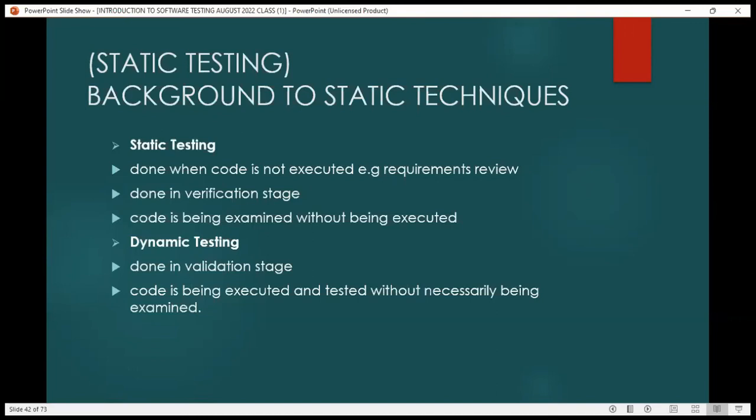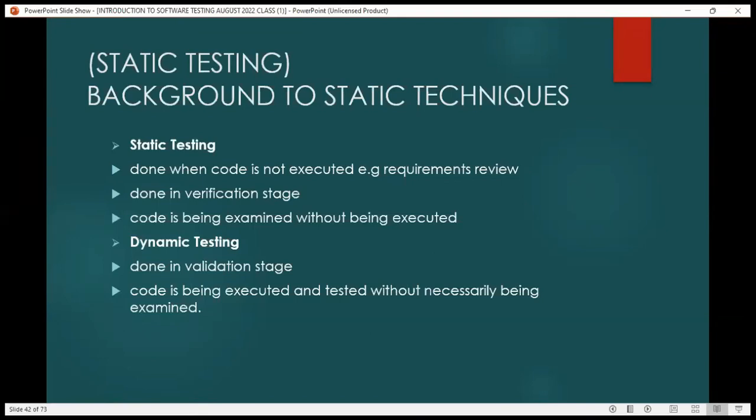No code is involved. And static testing is done in the verification stage. Code is being examined without being executed. So nothing is running. You are just checking. In that document, they'll tell you, this is the login, this is your username, that's the password, this is the submit button. Simple. They're not going to execute it. That is static testing.